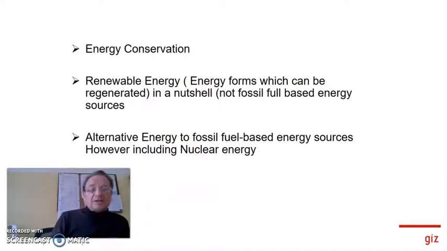Then we have renewable energies, energy forms which can be regenerated. So in a nutshell, not fossil fuel based energy sources. And in correlation with the alternative energy to fossil fuel based energy sources, well, what I want to say is alternative energy is all the renewable energies, including the nuclear energy.